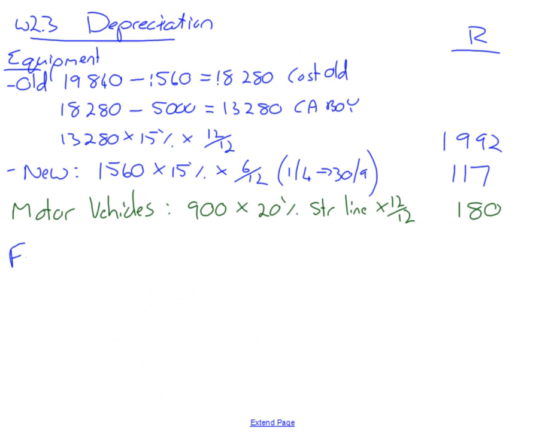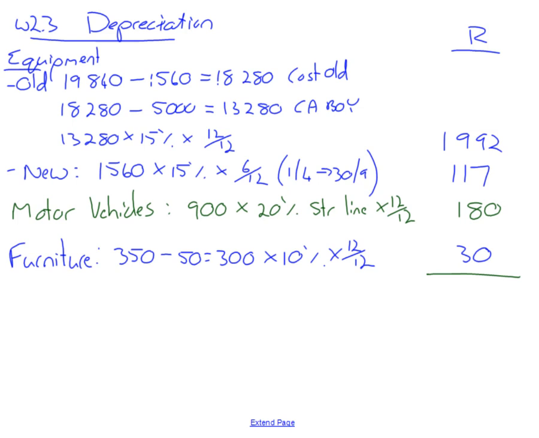So furniture will be 350 cost. Furniture is on reducing balance or diminishing balance. So 350 minus accumulated depreciation to the beginning of year gives me a carrying amount of 300 times 10% times 12 over 12 months, and that gives me 30. My total depreciation then comes to 2319.